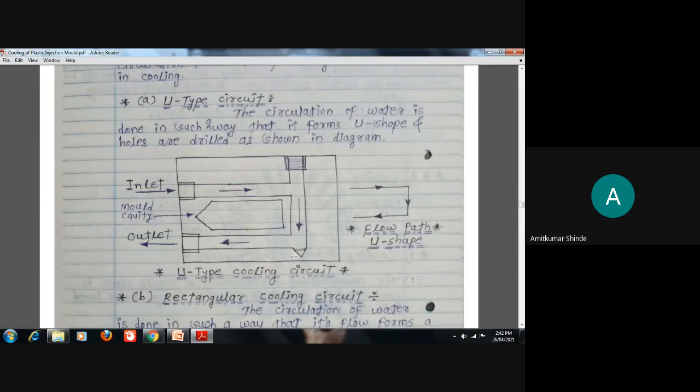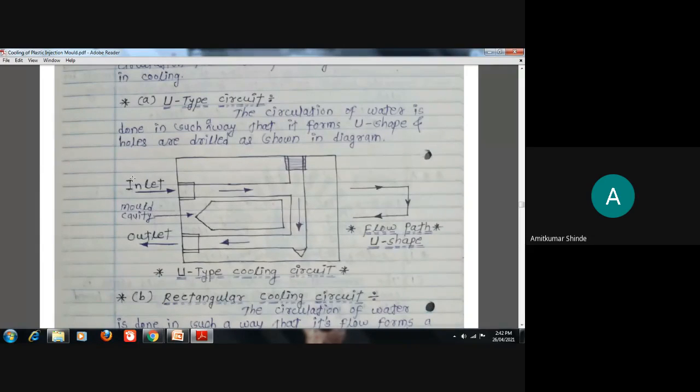And normally whichever holes we are drilling or boring in that plate, these are interconnected to form a circuit. Depending on the path followed by that fluid during the cooling operation, different types are made.